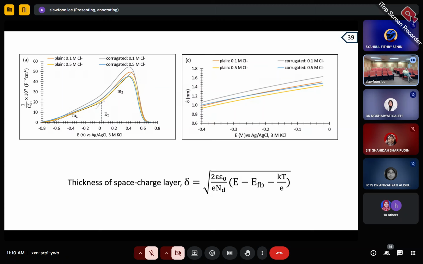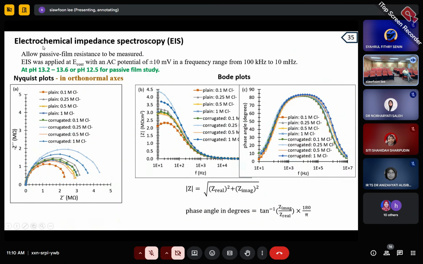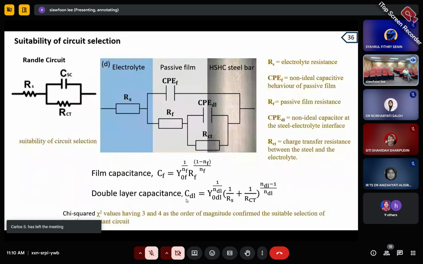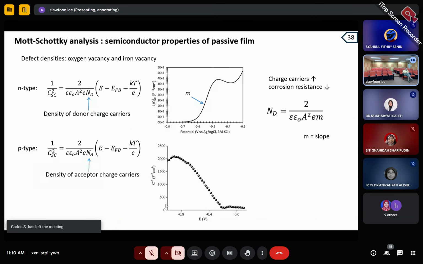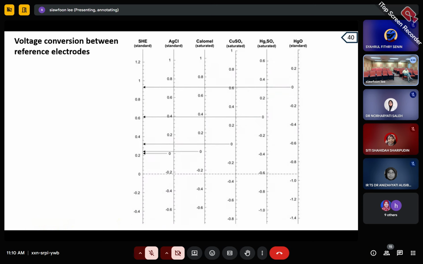So this technique, called Mott-Schottky, allows you to study the thickness of the passive film. And just now, electrochemical impedance spectroscopy allows you to study the resistance of the passive film. So if you know all these electrochemical techniques very well and can apply them, you can study the properties of the steel.